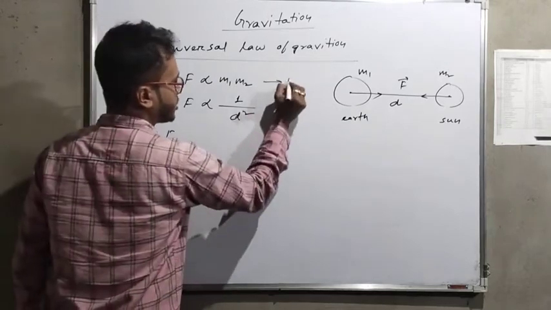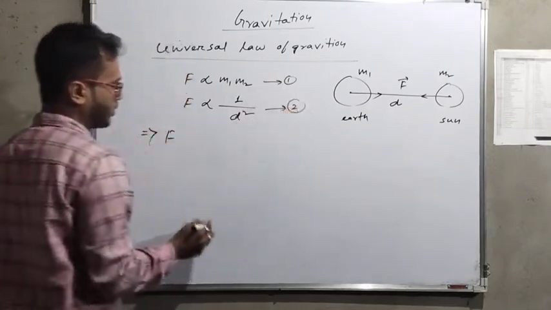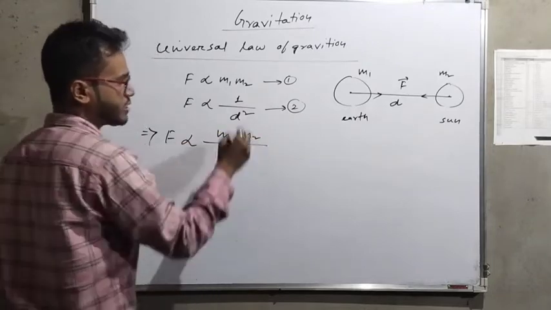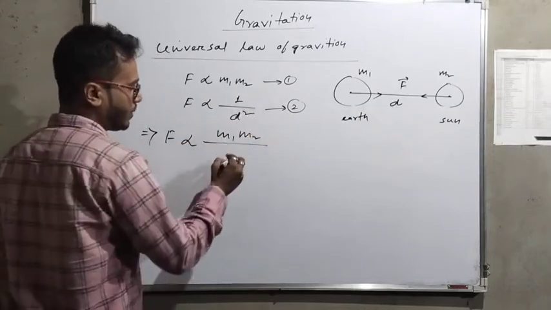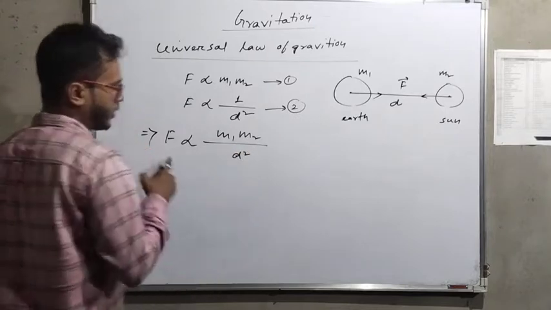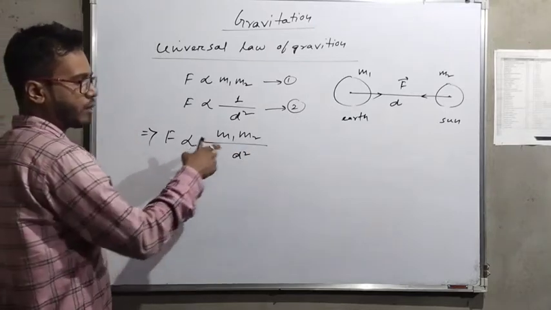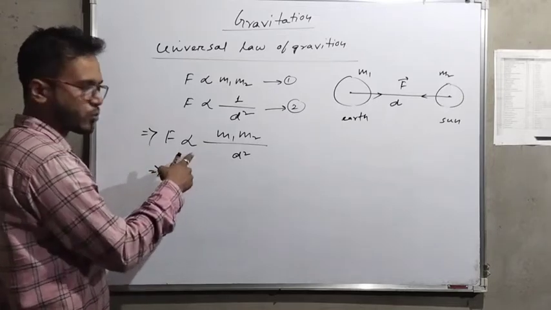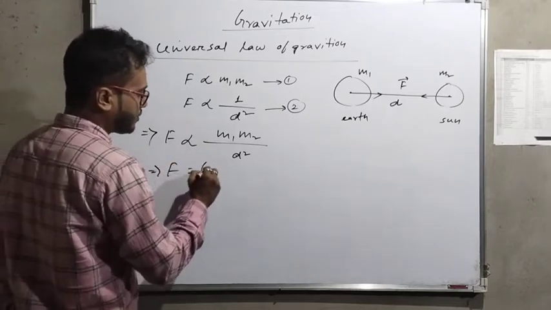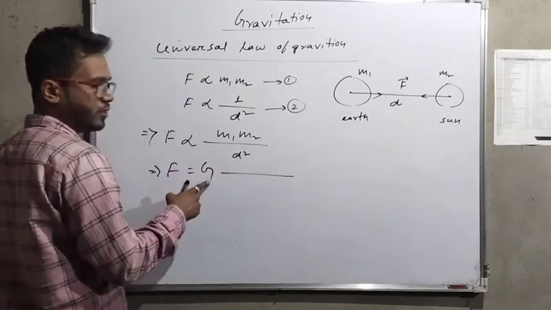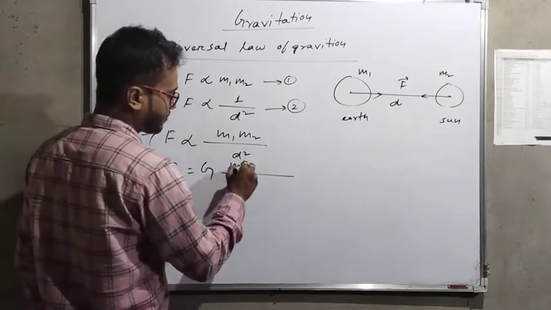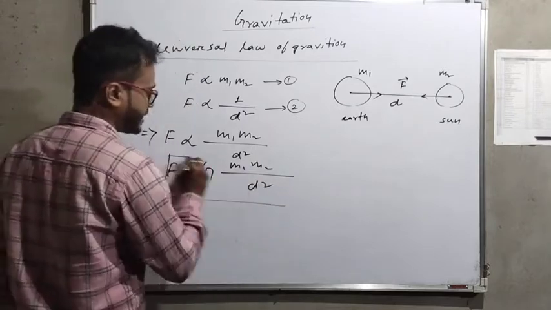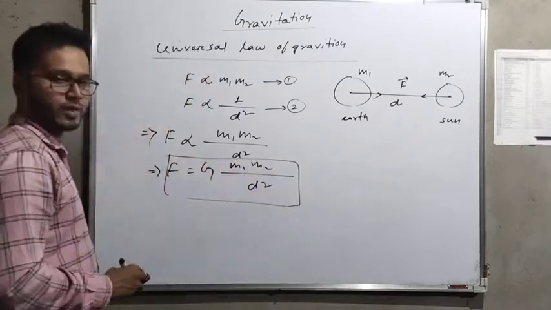If we write this as equation 1 and this as equation 2, and combine these two equations, we get F is proportional to m1 m2 divided by d square. If we replace this proportionality sign by a constant, which we call the gravitational constant, then we get this equation: F is equal to G m1 m2 by d square.